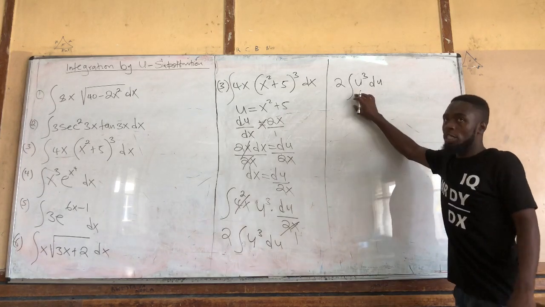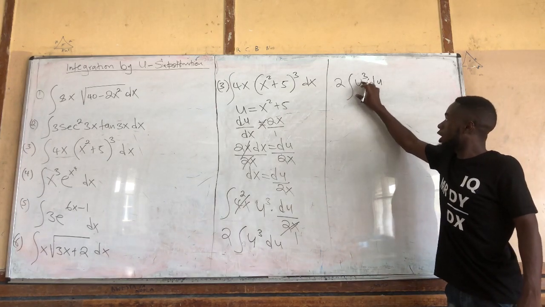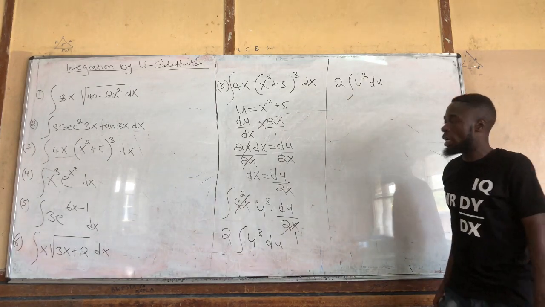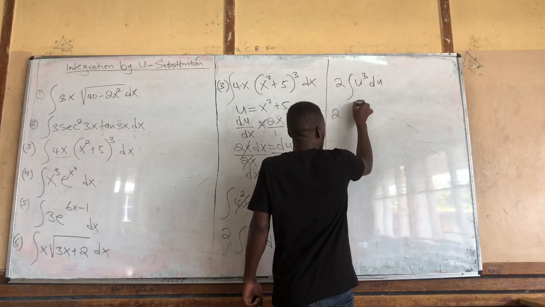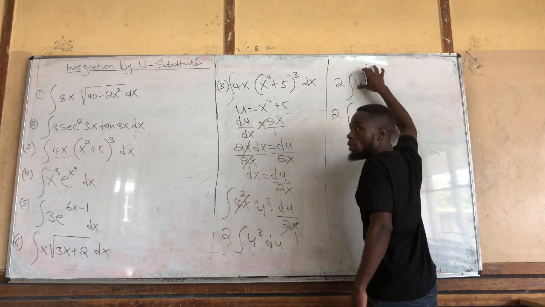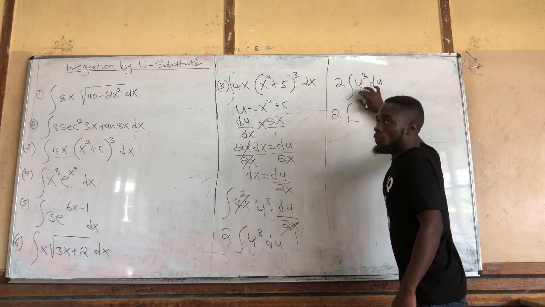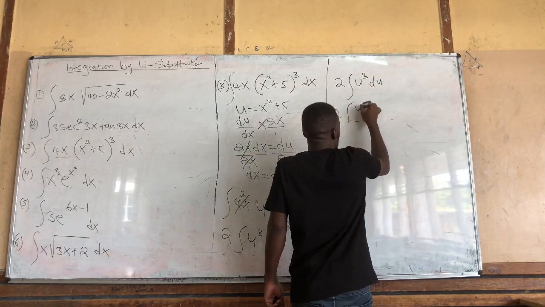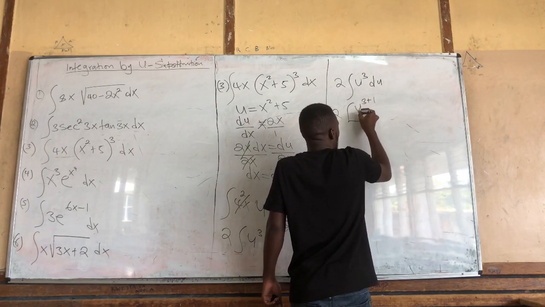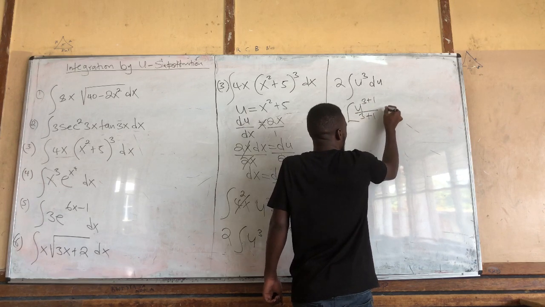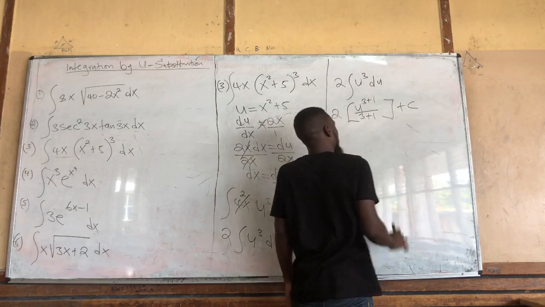So the meaning of this is that we need to integrate whatever is inside this integral sign. So 2, then when you integrate u to the power 3, you have to add 1 and divide by the same thing. So u to the power 3 plus 1 over 3 plus 1 plus c.